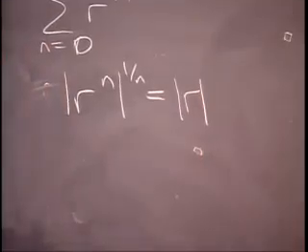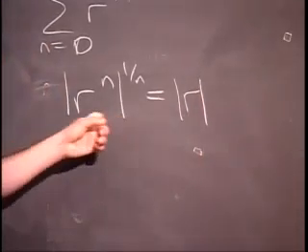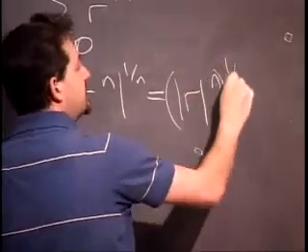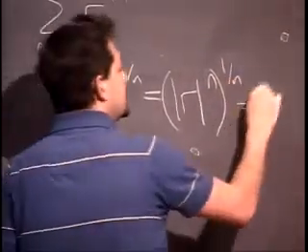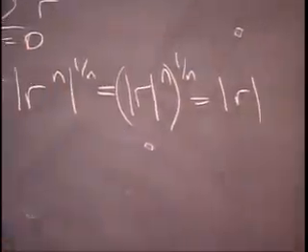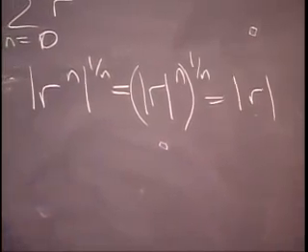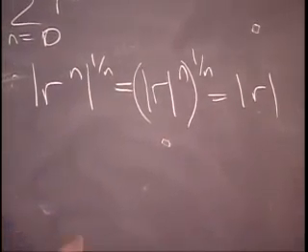You can pull it through, and if you really want to be gory about it, you write absolute value of r to the n to the 1 over n. So the absolute value of r. So you don't even need a limit. For the special case of the geometric series, that nth root is again the absolute value of r.